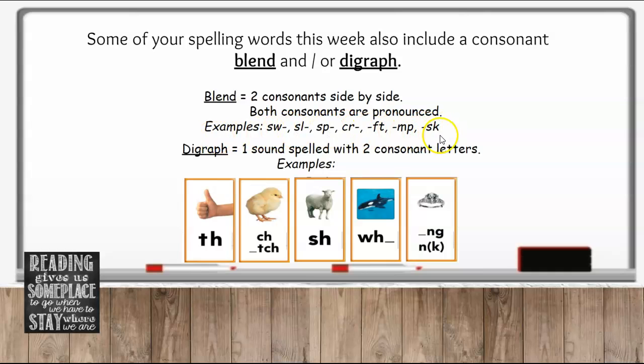Okay, those are all blends. When you go to digraphs, it's one sound spelled with two consonants. So TH says th, CH says ch, TCH says ch, SH says sh, WH says w, and the NG says ng, and the NK says nk.